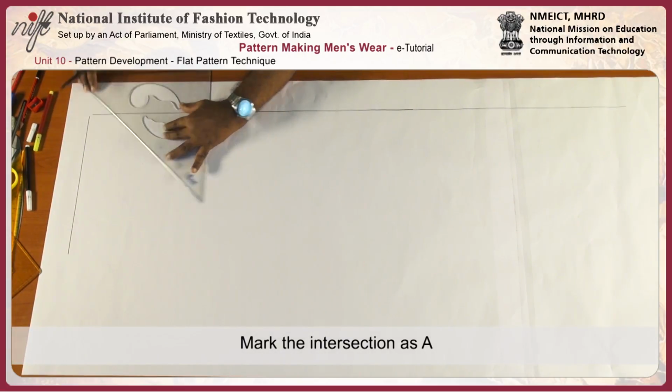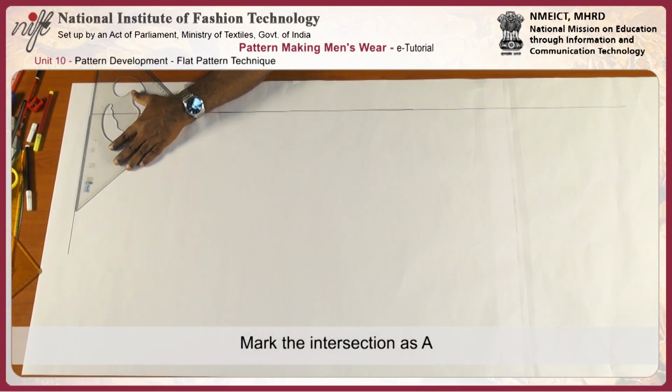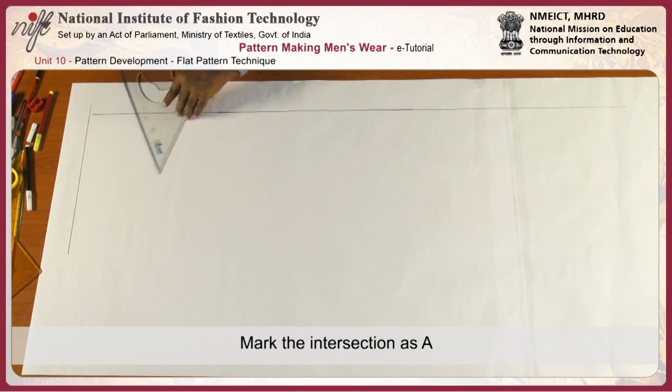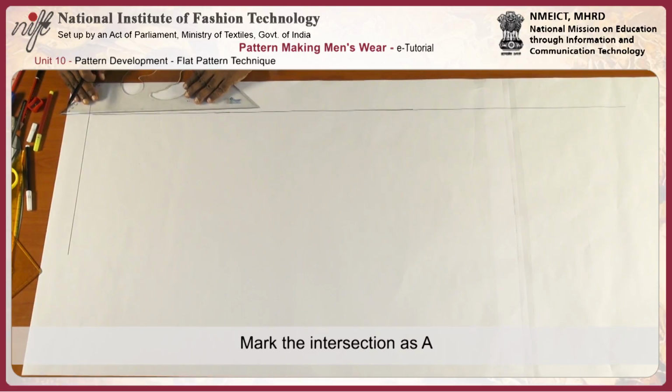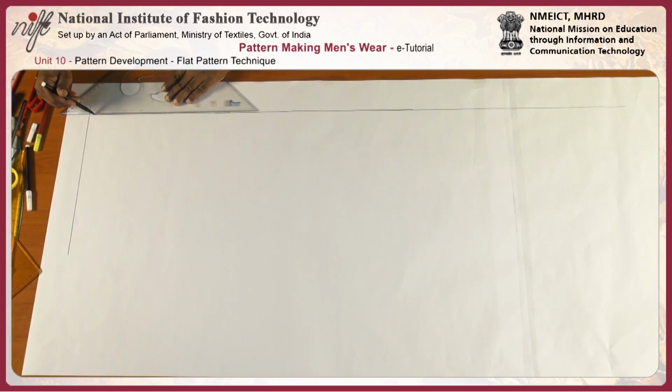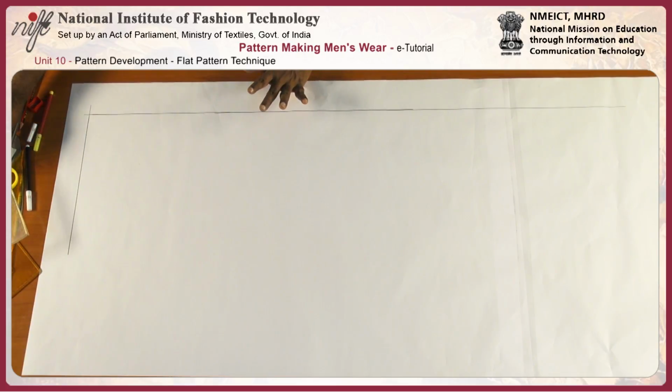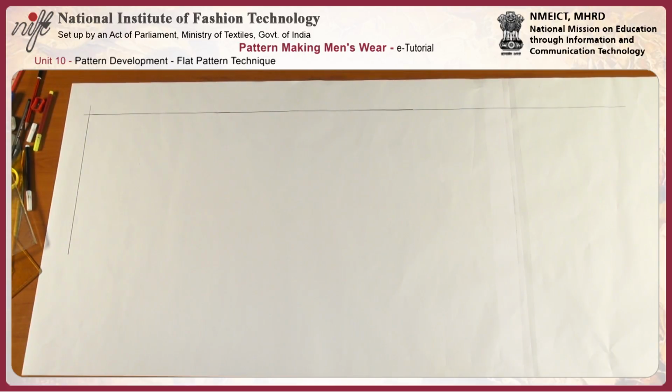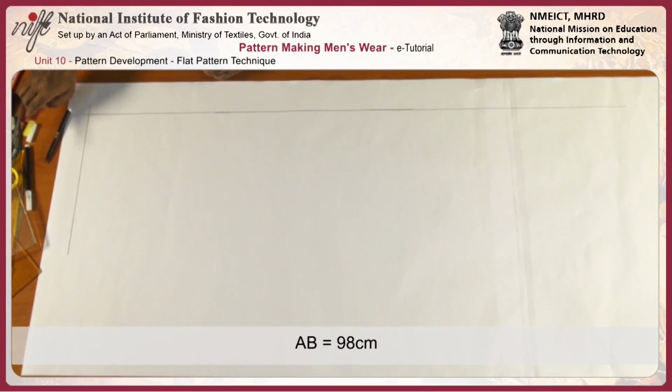Mark the intersection at right hand top as A. A to B is 98 centimeter.